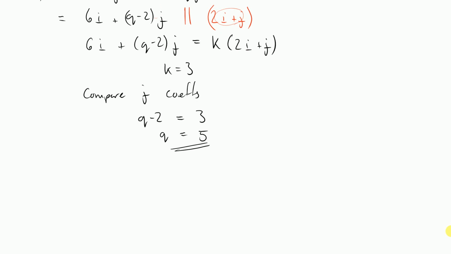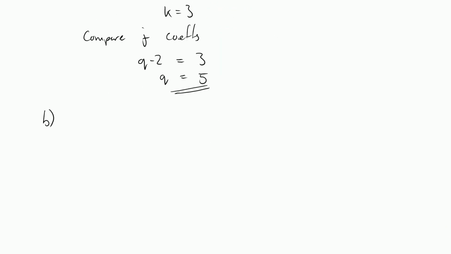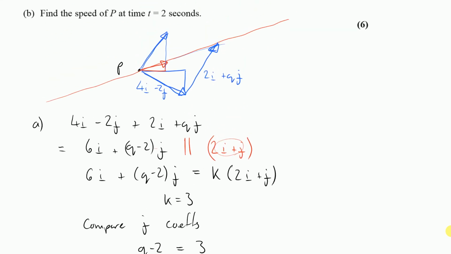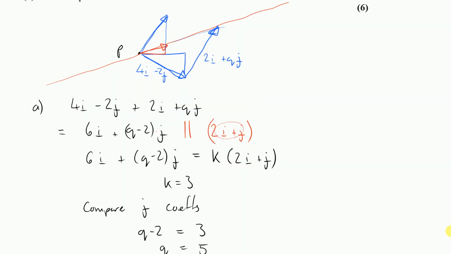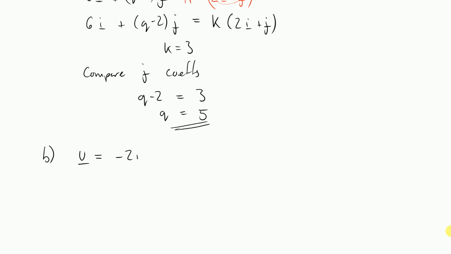Okay, so let's write down what we've got involved here. We know our u value. The initial velocity was given to us in the question, which is minus 2i plus 4j. We want to find our v value. We can calculate the a value, and we know that t is 2.